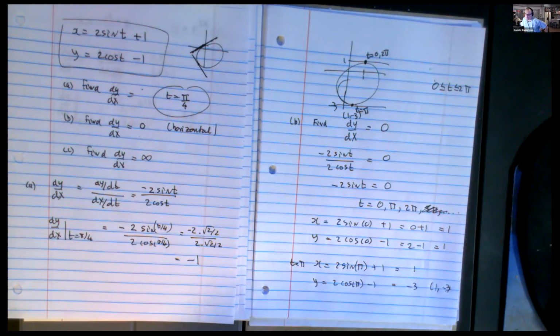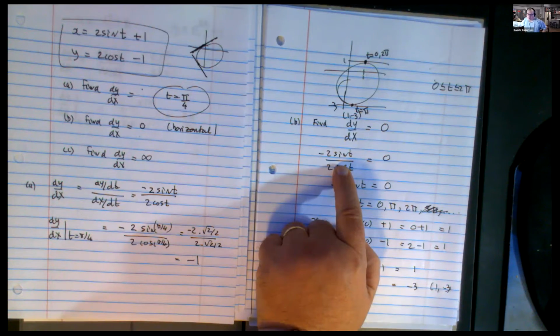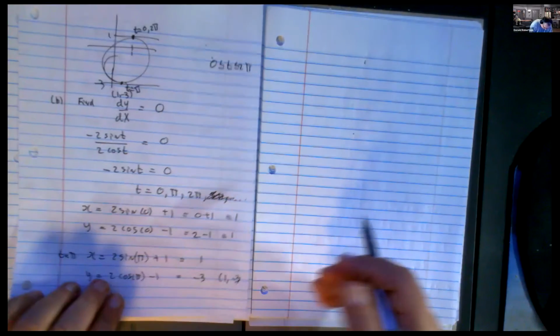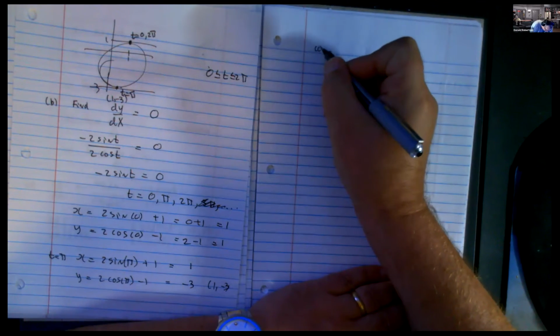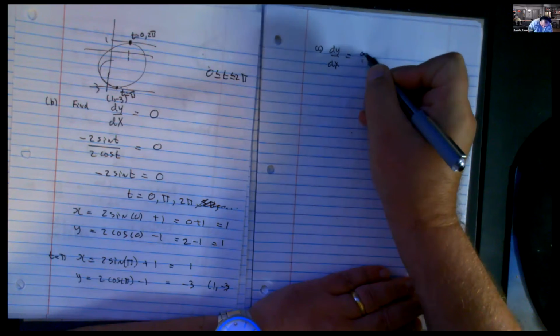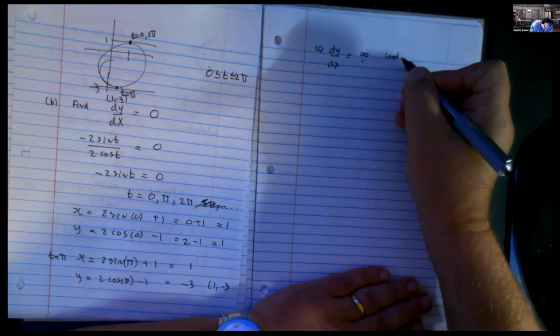So if you want to find out when a derivative of a parametric curve is 0, don't you only need to find out when the top piece of this fraction is 0? The last question is find out when it's infinite. So we are going to go for when is this guy vertical, right? Infinite, or more precisely, undefined.